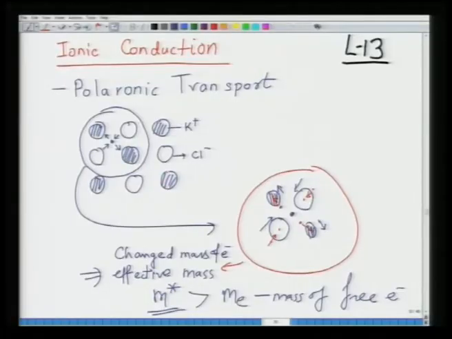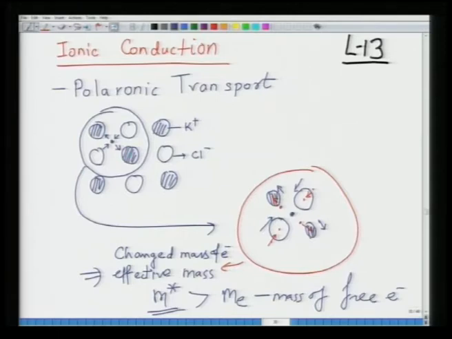So, what we will do first is to review the last lecture, which is the 13th lecture. In this lecture we discussed polar ionic transport, which is related to the mechanism of conduction in ionic solids. Unlike metals and semiconductors, where transport happens in the bands, where electrons or holes move in the bands, here in ionic solids it is polar ionic transport.